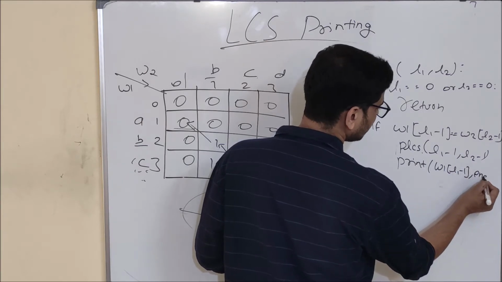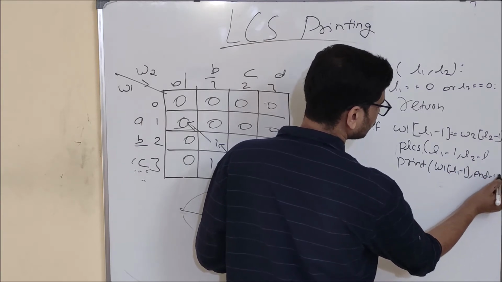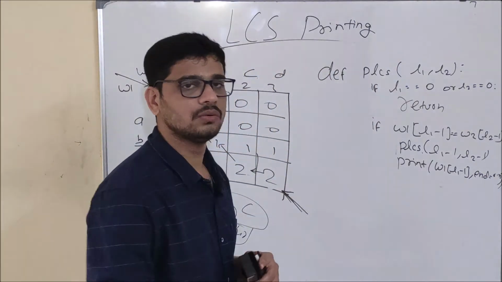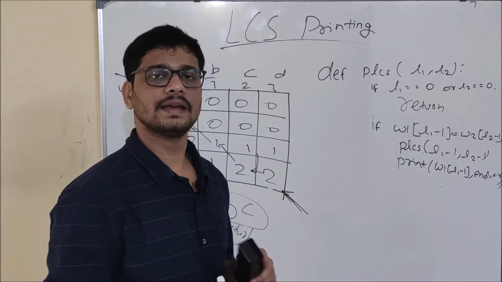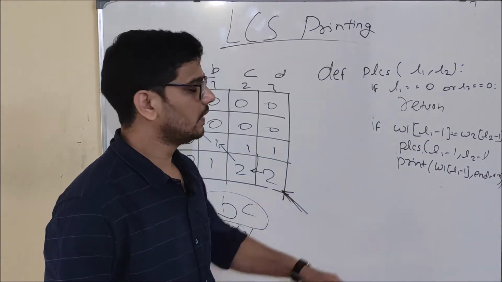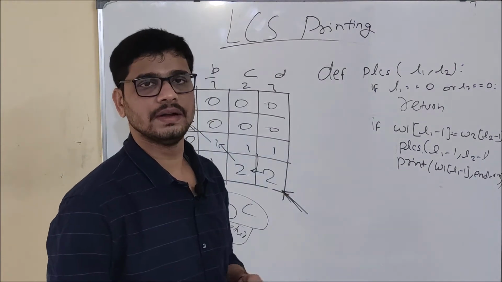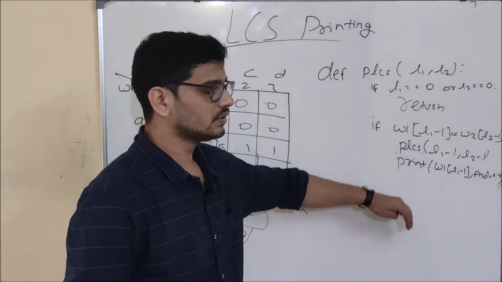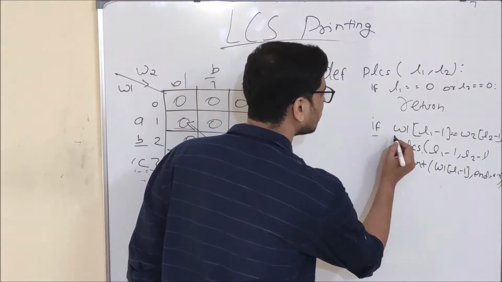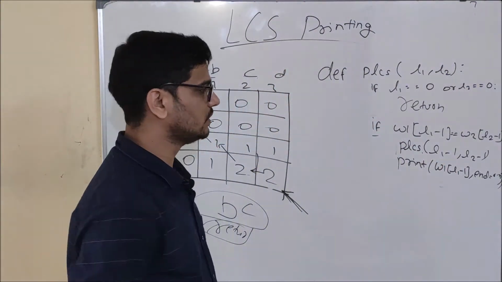One more thing, I am going to use end here because I don't want my characters to be printed on separate lines, because the print function in Python is going to print values on a separate line in every call. So this is what I am going to do if the characters are matching.